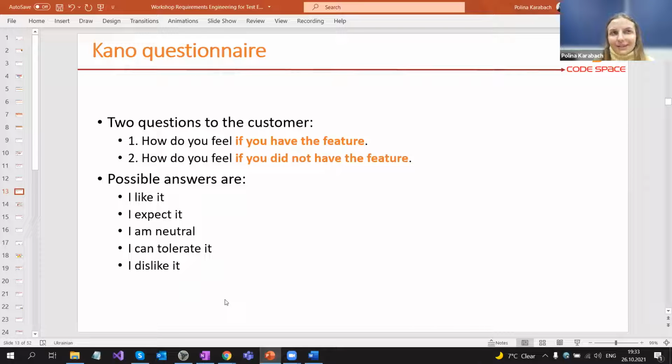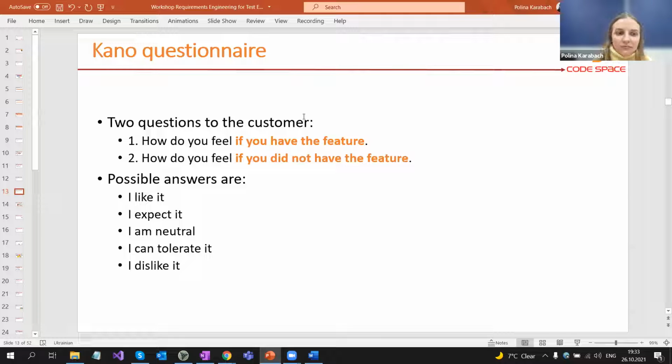By categorizing it, we need to ask two questions. First, how do you feel if you have the feature? And second, how do you feel if you did not have the feature? And to both of these questions, the user should answer one of these options: I like it, I expect it, I'm neutral, I can tolerate it, and I dislike it.